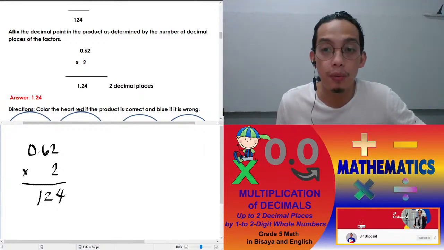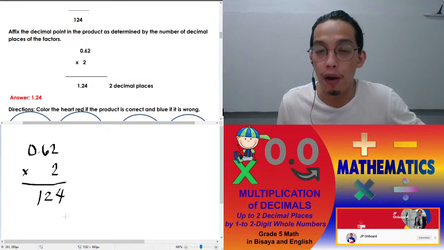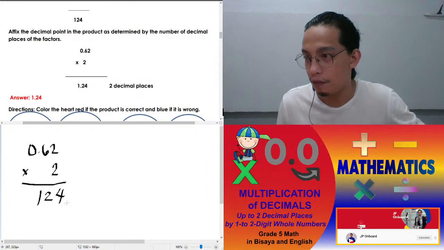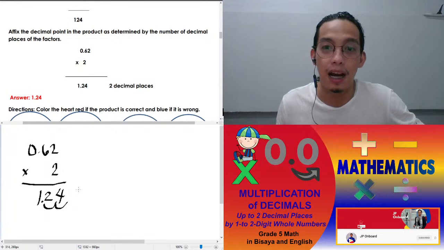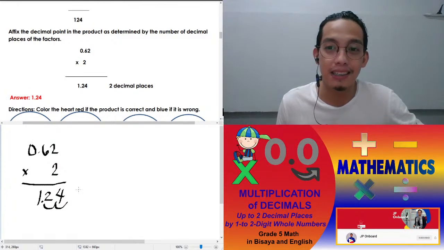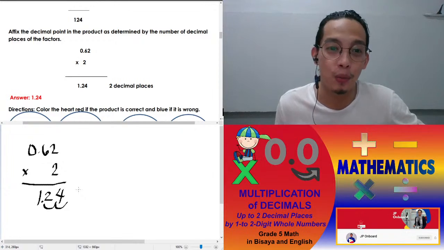We will count 2 from the right: 1, 2, and we will place the point here. The answer is 1.24. So 0.62 times 2 is 1.24.